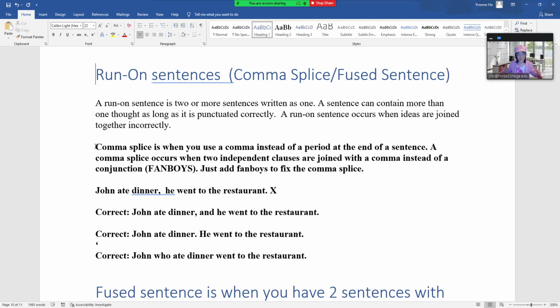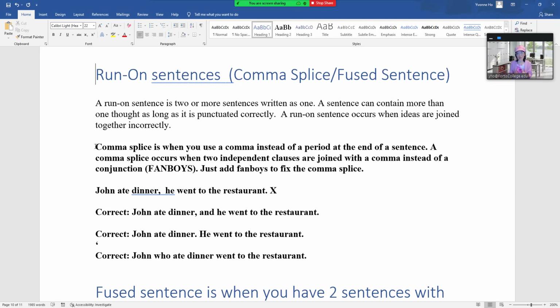So you can have two ideas in a sentence as long as you have proper punctuation. But a run-on sentence occurs when ideas are joined together incorrectly. You have no idea how many times I have to tell students, you're missing a comma. Put a comma, put a period after your sentences.